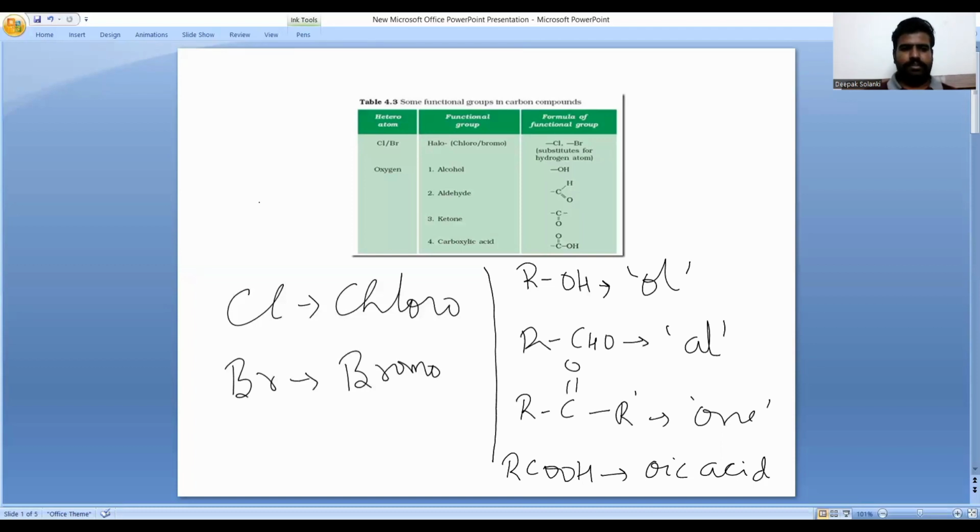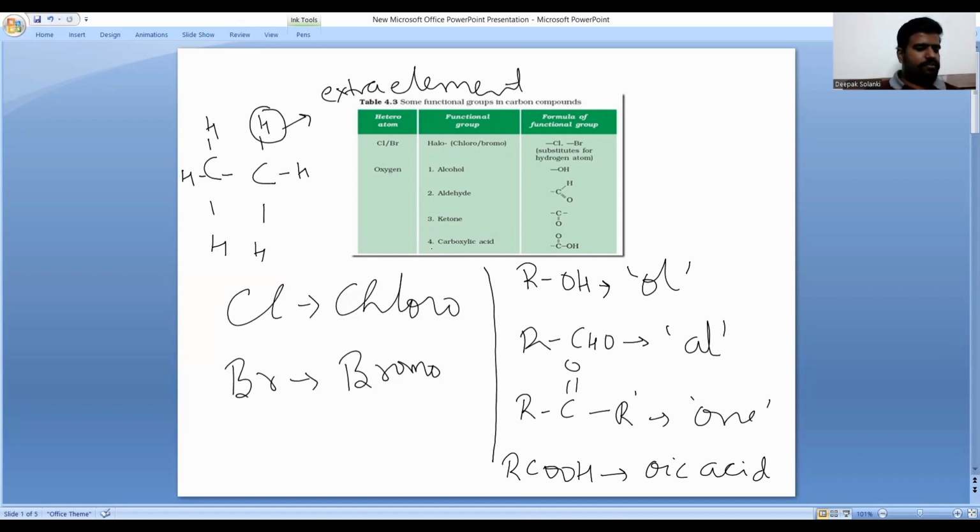For example, I am writing here C, single bond C, H, and we are completing the valency with H, H, H, and here also we will take H. If we replace one hydrogen with any extra element, then it will be the functional group.